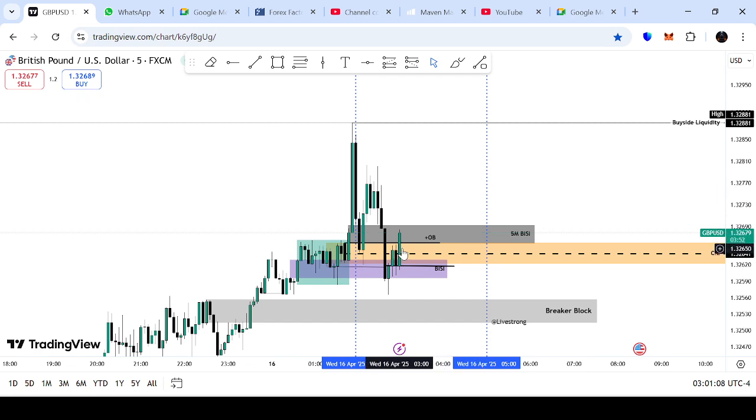We like to see price close above here, then we treat this as an order block, the last down close candle.